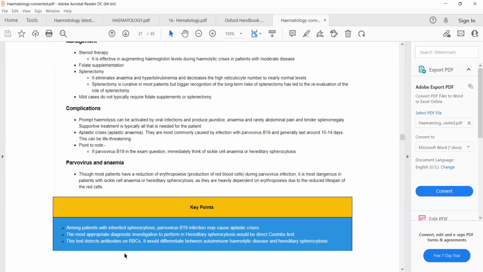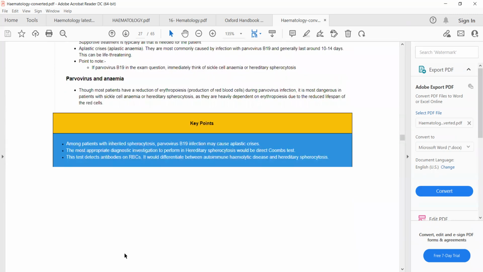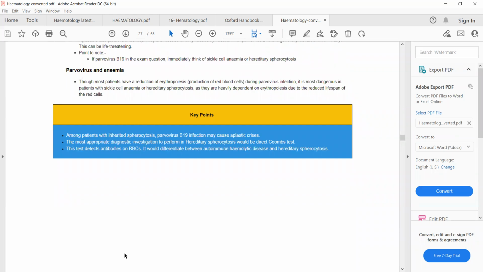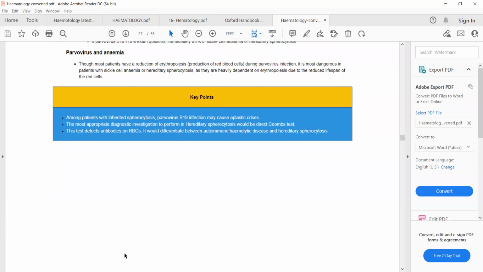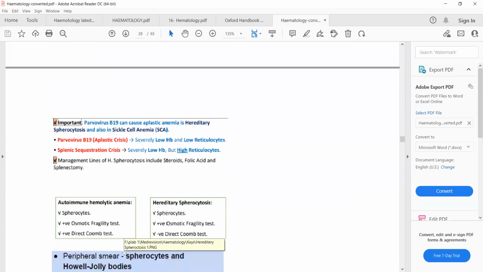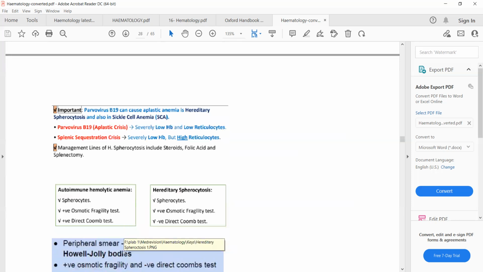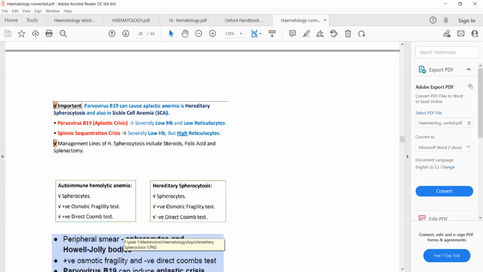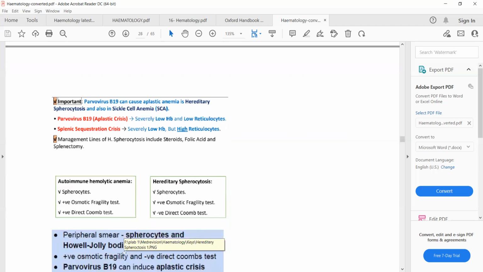So if you want to differentiate between hereditary spherocytosis and autoimmune hemolytic anemia, the definitive or best investigation in this case would be a Coombs test. So parvovirus causes aplastic crisis in sickle cell anemia and spherocytosis.